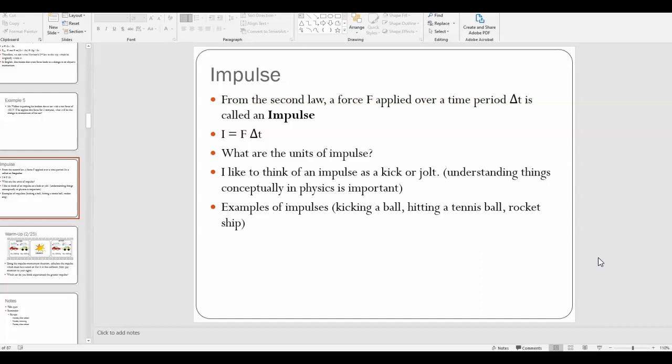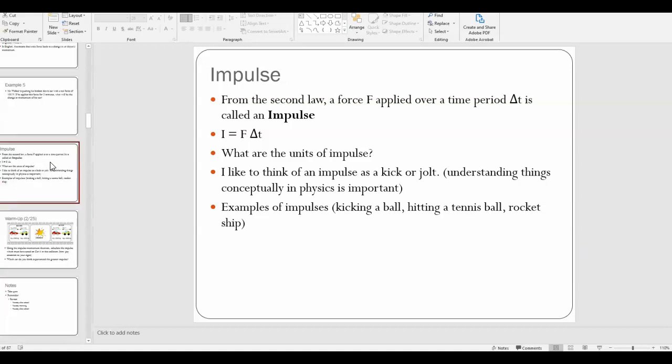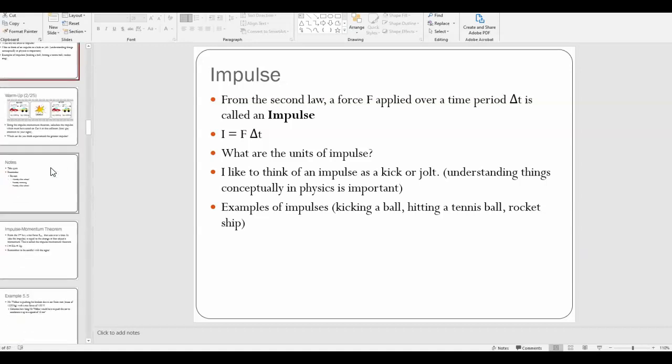The idea of following through, let's say when you hit a tennis ball, is if you increase the amount of time that the force is acting, that's going to lead to a bigger impulse, which means a bigger change in momentum, which means that the ball is going to fly off faster. That's why usually in baseball or tennis or other sports, they tell you to follow through with your swing. Same thing with golf and stuff. It's about giving a bigger impulse to the object.